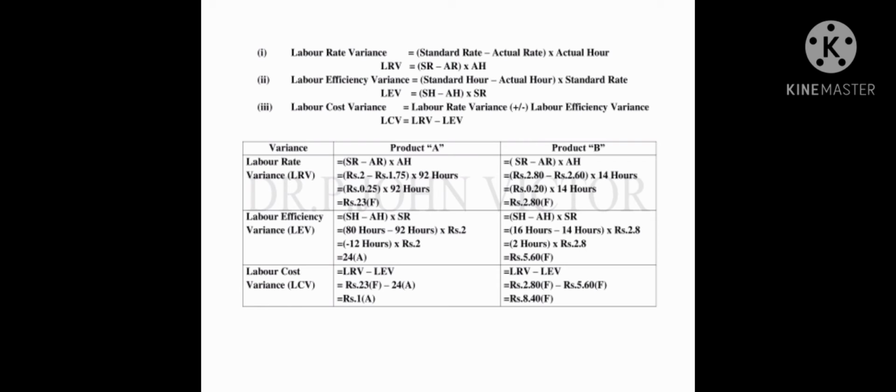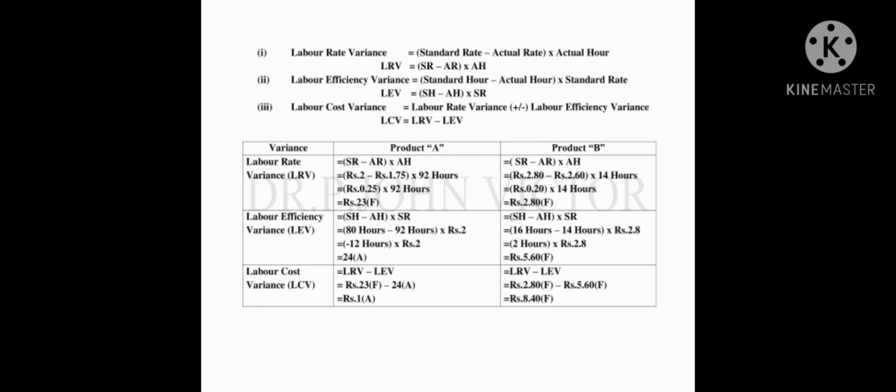Third, labor cost variance is equal to labor rate variance, as I said in the beginning in the theory part, plus or minus labor efficiency variance. Then let me proceed to the solution for labor variance.